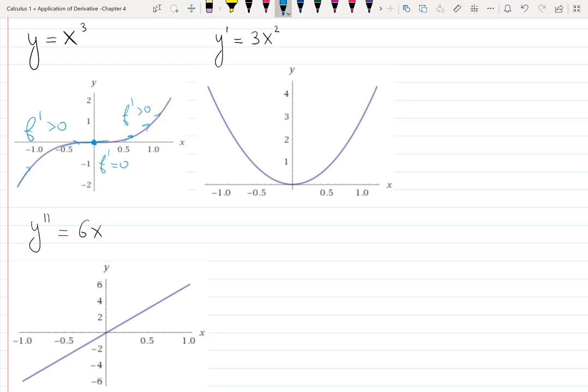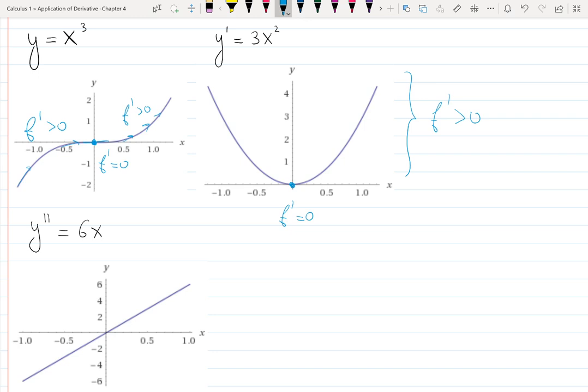It should be above the x-axis. So the first derivative is indeed positive everywhere except 0. At 0, the first derivative is 0, just like we expected. So being an increasing function means its derivative will be positive, or above the x-axis.